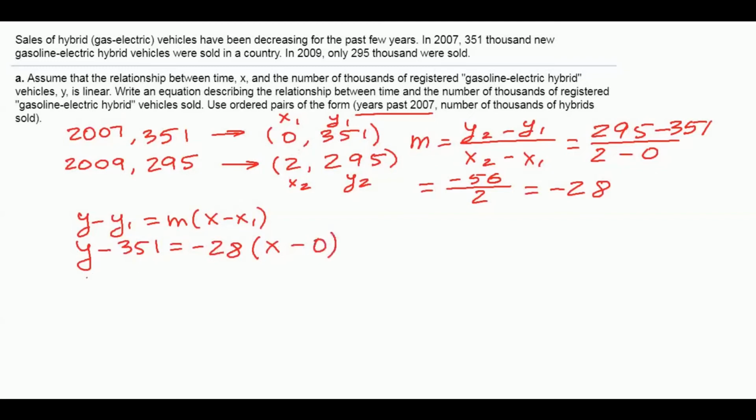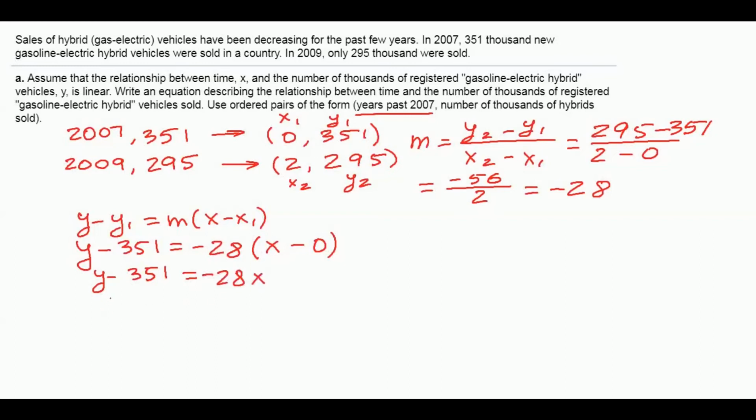Left side of equation stays the same, it will be y minus 351 equals, on the right side of equation I have x minus 0, which is x, so I have only negative 28x.